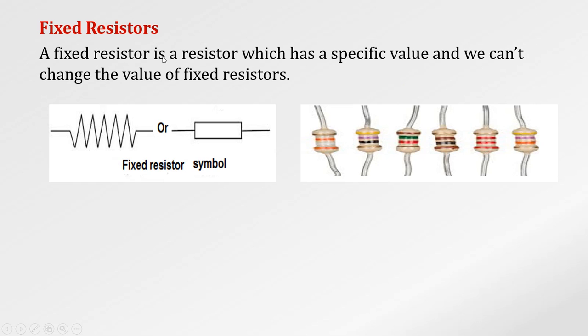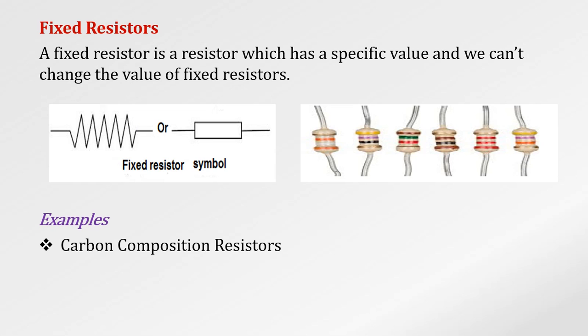But for now we just talk about fixed resistors. This is the symbol in the circuit. Examples include carbon composition resistors, which are composed of carbon, and then we have those where a wire is wound on something and it has fixed resistance, so we call them wire wound resistors.